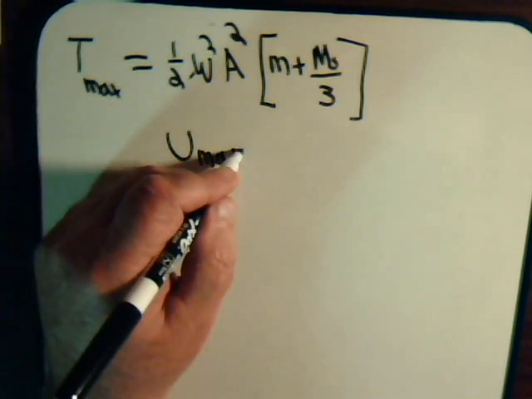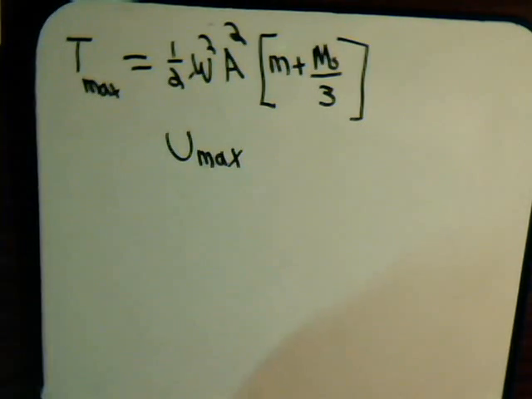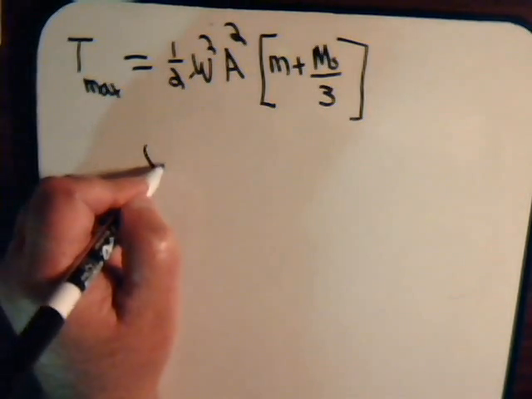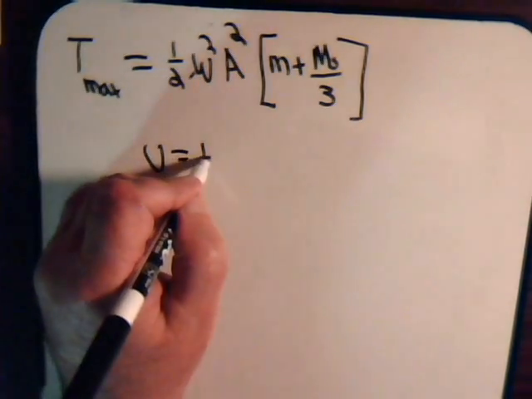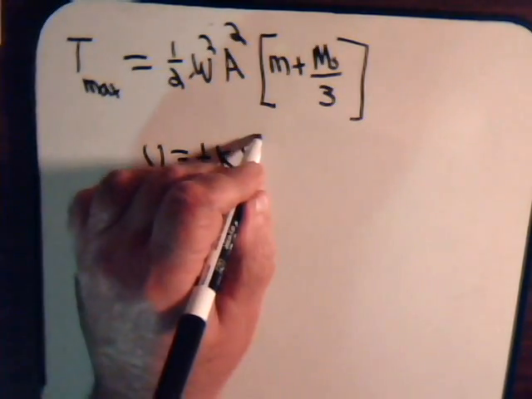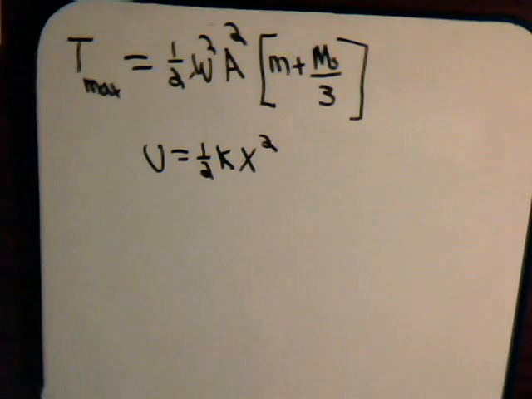And in video number 6, we derived for our harmonic system an expression for the potential energy. That was just 1/2 the spring constant times the displacement squared, x squared.